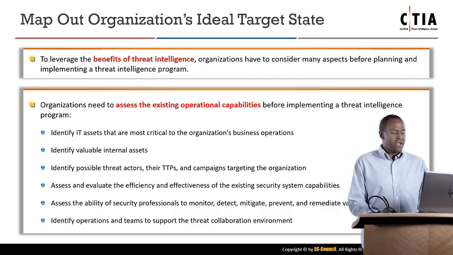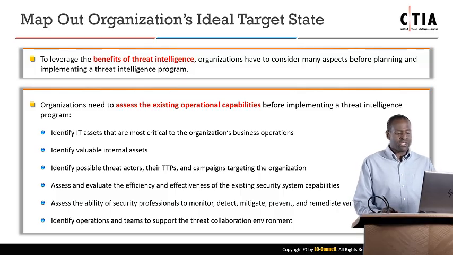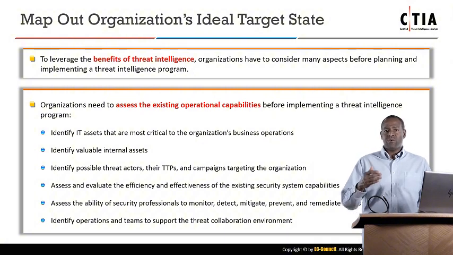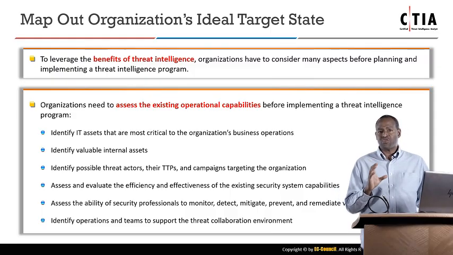Lastly, to identify operations and teams to support the threat collaboration environment. So we want to make sure we have the appropriate teams. And one of the areas that we want to do at a management level is create the structure.